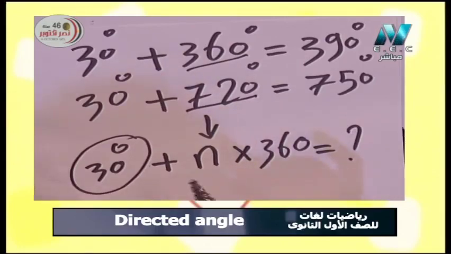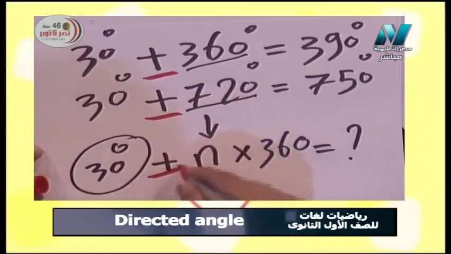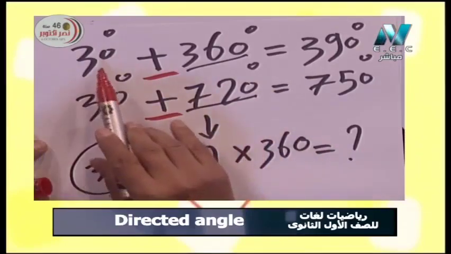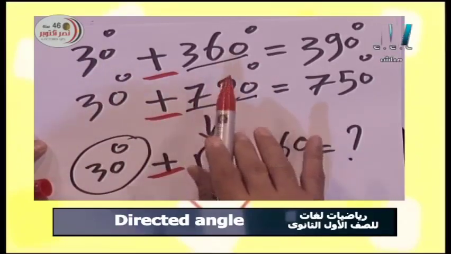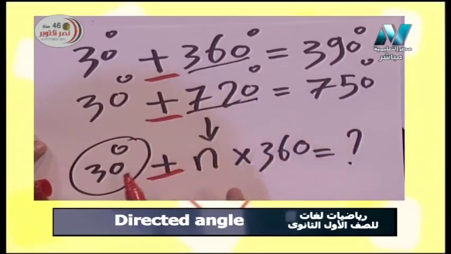And if you want the negative angles, we can add a minus: 30 plus negative 360, or 30 plus negative 720, and so on.